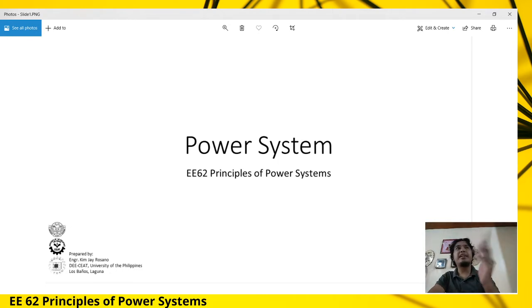So that's one area. Of course, you also have power system protection. It basically protects your equipment from unintended events. Yeah. So what are those events? Later on, pag-uusapan natin yon.